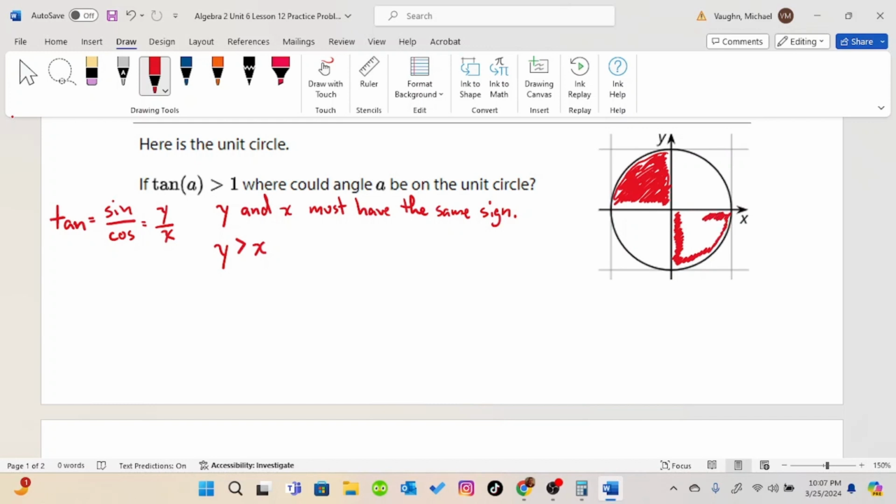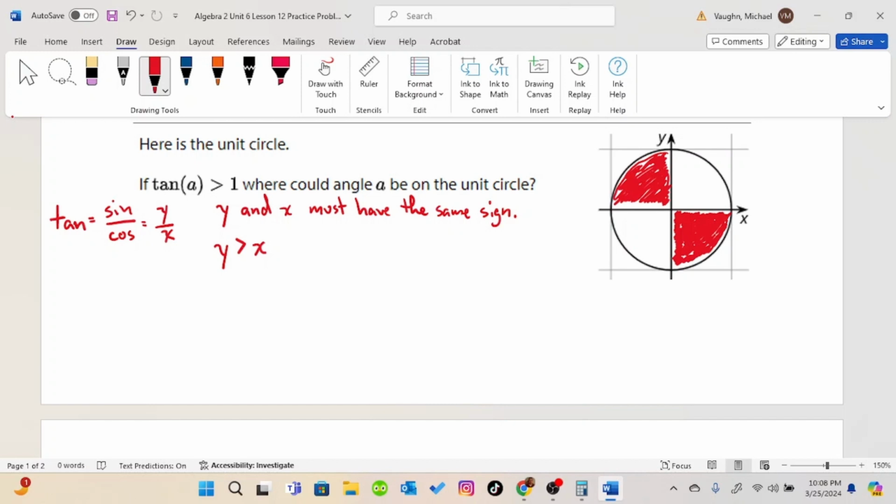So if we tried to put it here, tangent would also be negative. So we've eliminated two areas. Now we know that we need y to be greater than x.